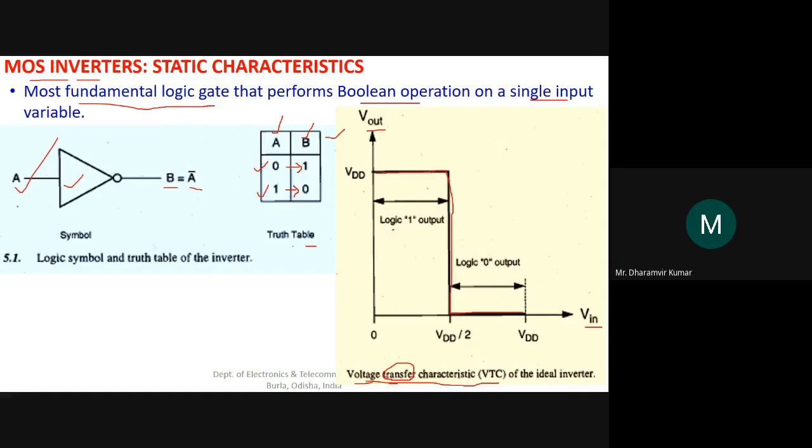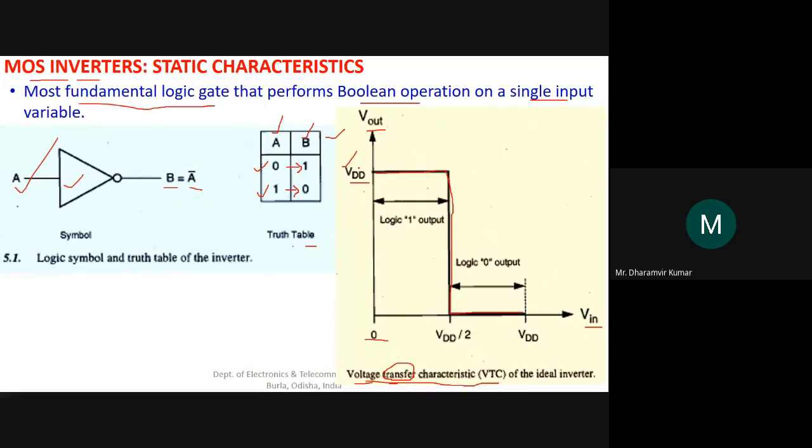This particular value is when output voltage is equal to VDD. For this case, we assume that the voltages are swinging between 0 and VDD. 0 is the lowest level and VDD is the highest level. VDD can be 1.5 volt, 1.8 volt, 2.5 volt, 3.3 volt, or 5 volt, depending on the technology.